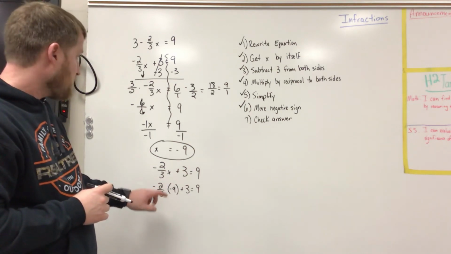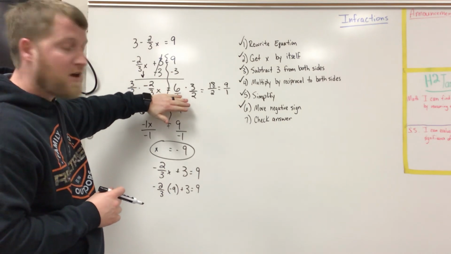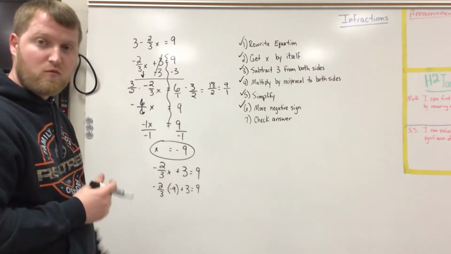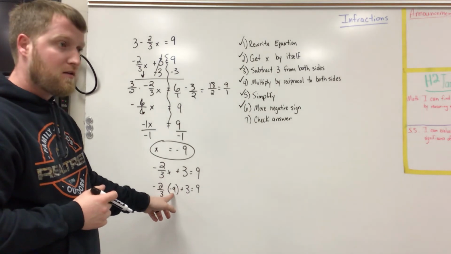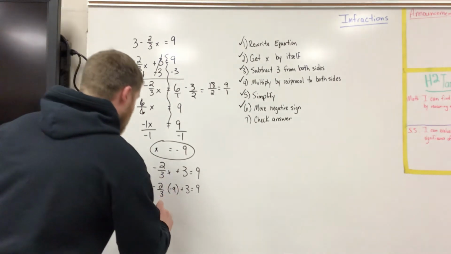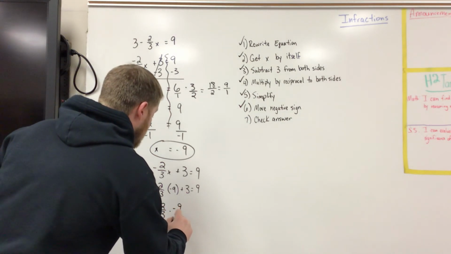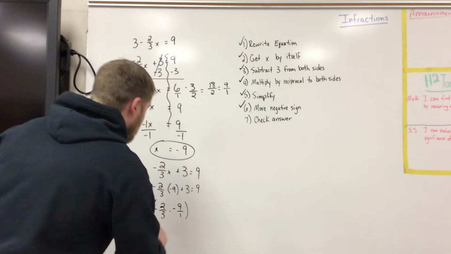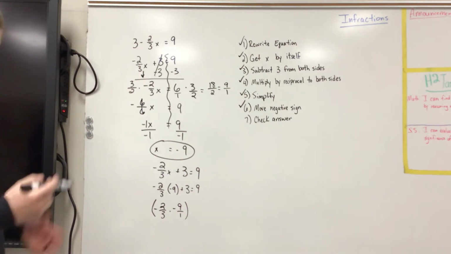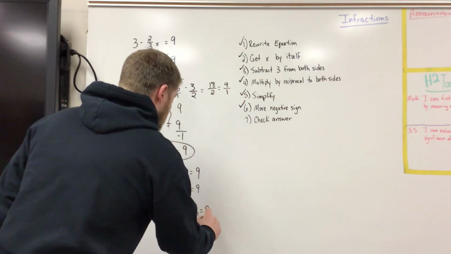Kind of like the situation up here, we had 6 times 3/2, and I wrote 6 as a fraction, 6/1. I have negative 9, and I write it as a fraction, negative 9/1. So we've got negative 2/3 times negative 9/1. I'm going to group those together so I know that they're together, and add 3 outside, and that is going to equal 9.